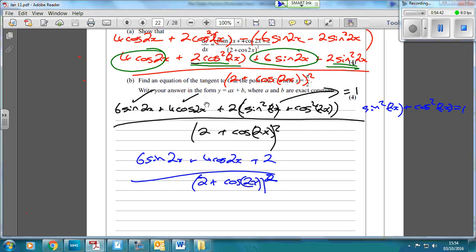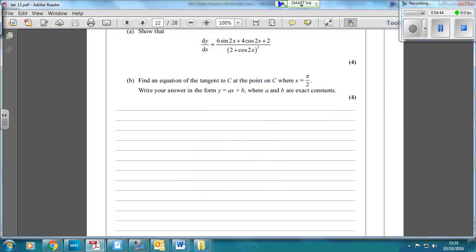Now, the next bit: find an equation of the tangent to C. So going back to C1, in order to find a tangent, we're going to use y minus y1 equals m times x minus x1. We haven't spoken about this in C3 yet, but this is another huge part of it, because they're always asking for the equation of the tangent or the equation of the normal.